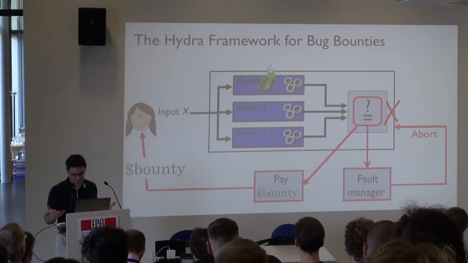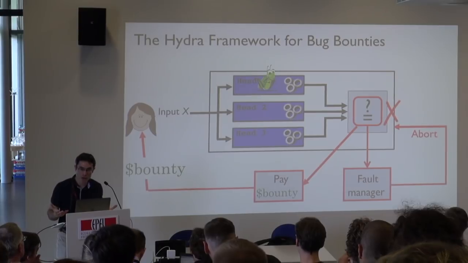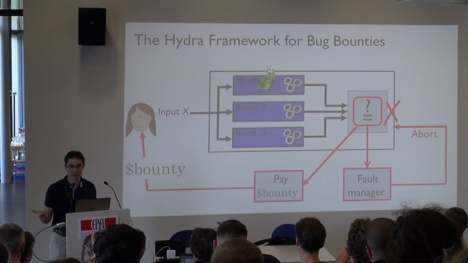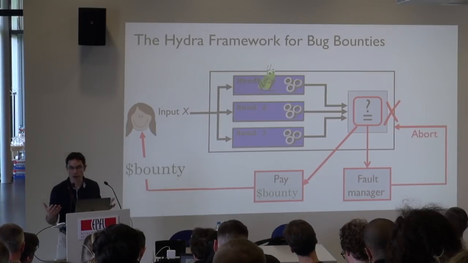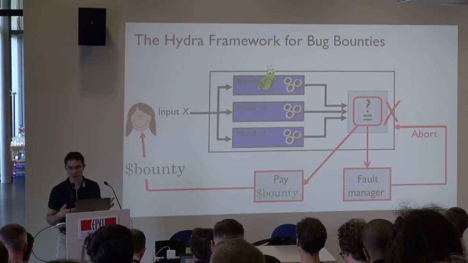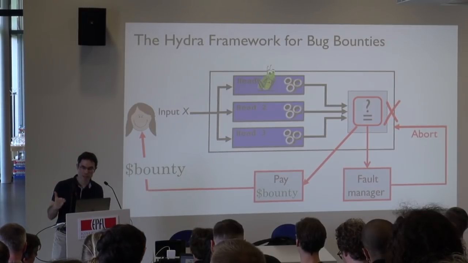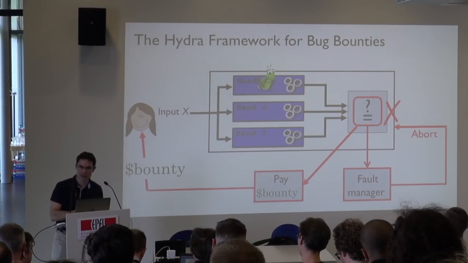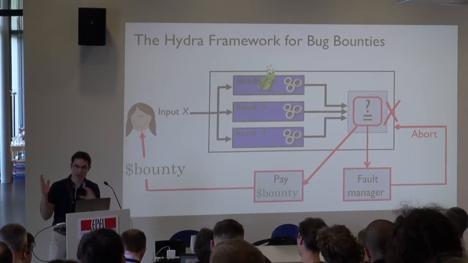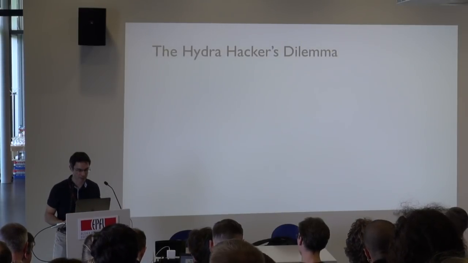This fault management process can also, in the context of a smart contract, automatically pay out a bounty. A smart contract, as I mentioned before, can manipulate money, and it has the ability to send money to people. So if a user submits an input that causes a divergence in output among the heads, causes the program to abort, she can be rewarded automatically with a bounty.